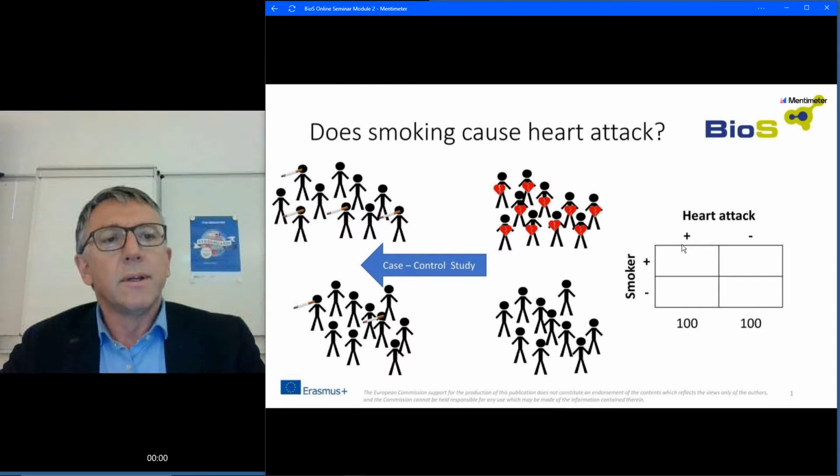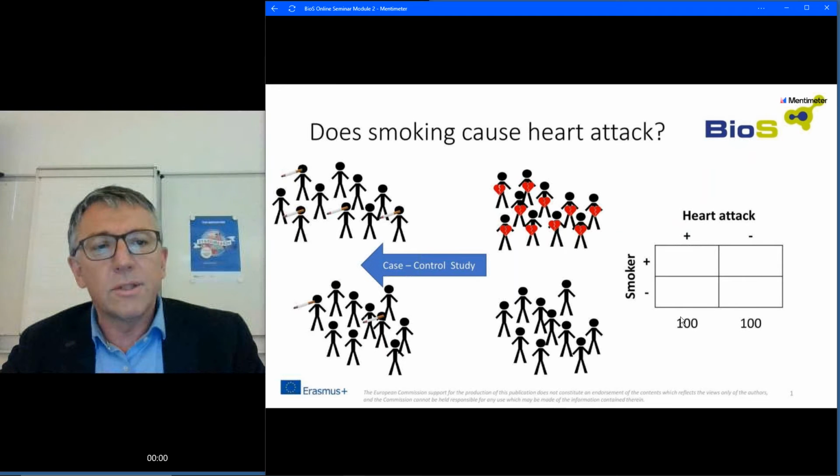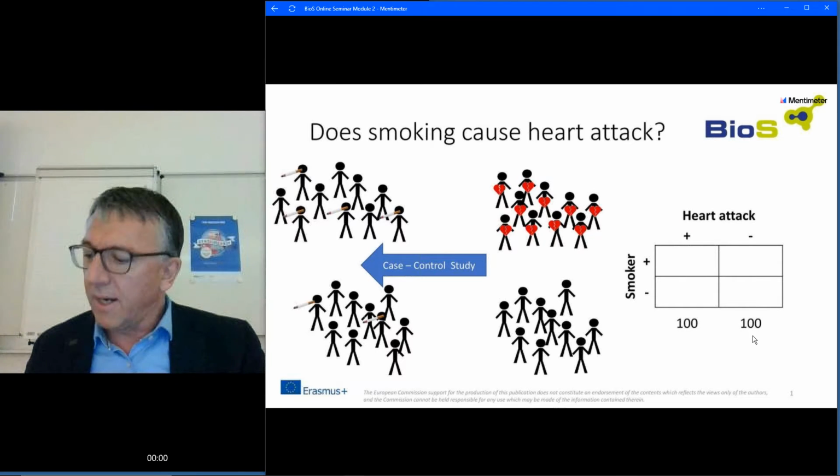You have people who had a heart attack and those who didn't. By study design, the total number of those that had a heart attack is 100, and those that didn't is also 100, because that's your case control study design. You identify people with the heart attack, and you have a control group that doesn't have the heart attack.